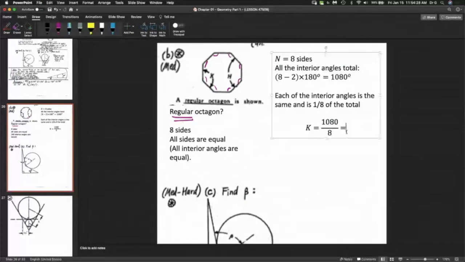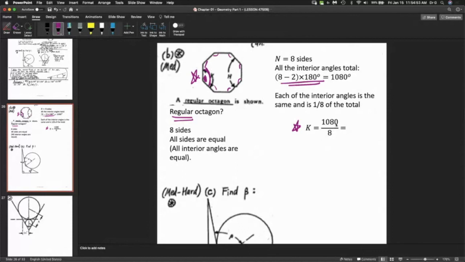If you take 1080 and divide by 8, that gives you one of these angles, which is labeled K. That's the angle I'm talking about here. You can do this because you know they're all the same.